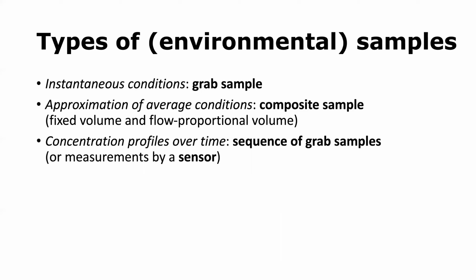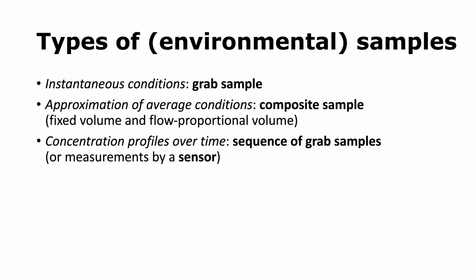You could also collect flow proportional volume samples, which are composite. So if the flow rate is greater, you would collect a greater volume at that given time. And if the flow rate is lower, later on, you would collect a smaller proportion in order to get a more representative sample of the flow coming through the system.